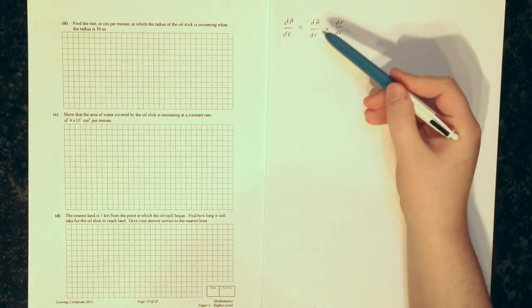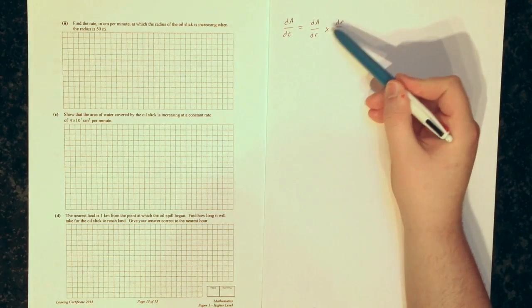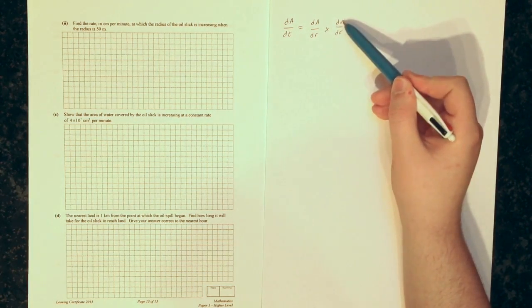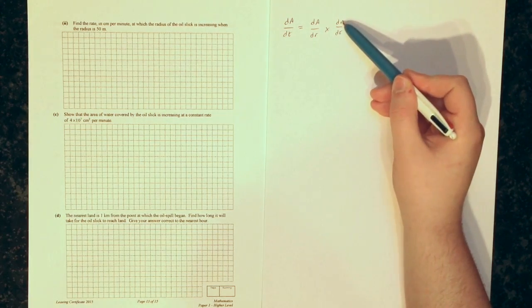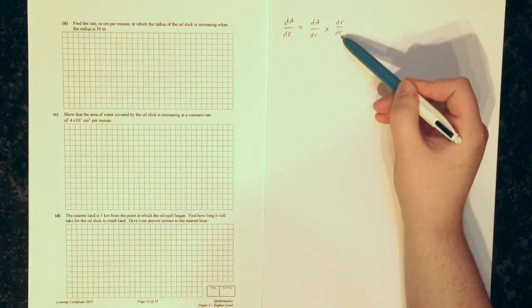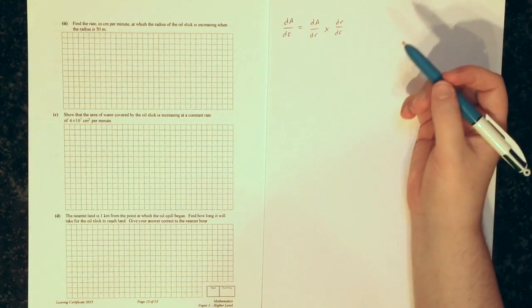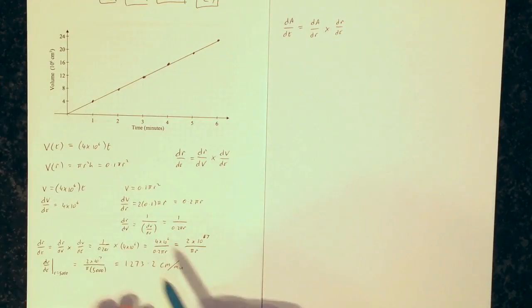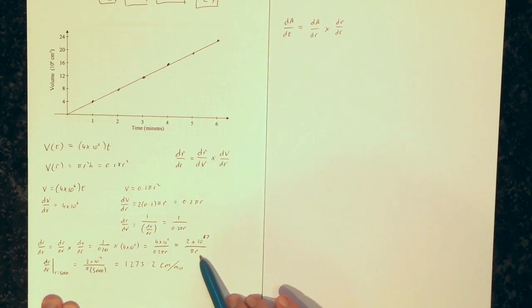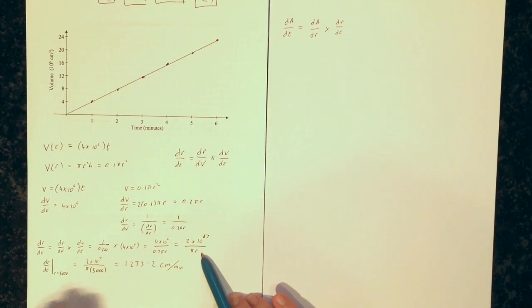The way of remembering this is we can look at the dr above and below the line, and if these were fractions, the dr would cancel out and we would be left with dA over dt, which is what we have here. Now from the previous part of the question, we know that dr/dt is equal to 2 by 10 to the power of 7 over pi r.